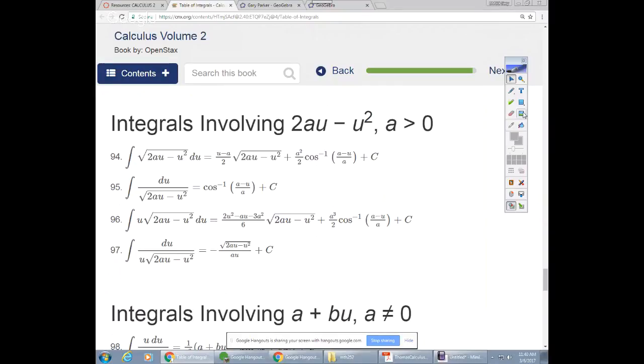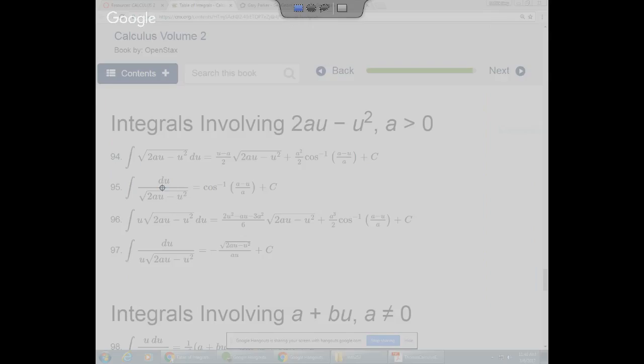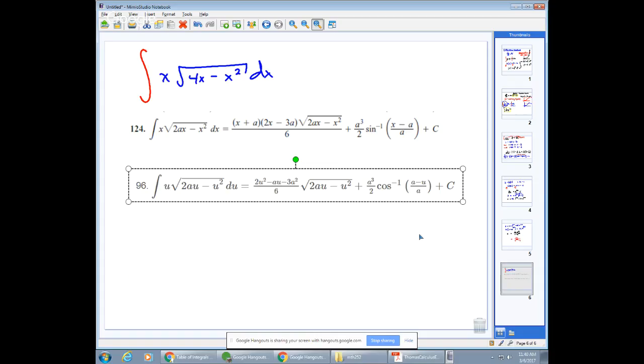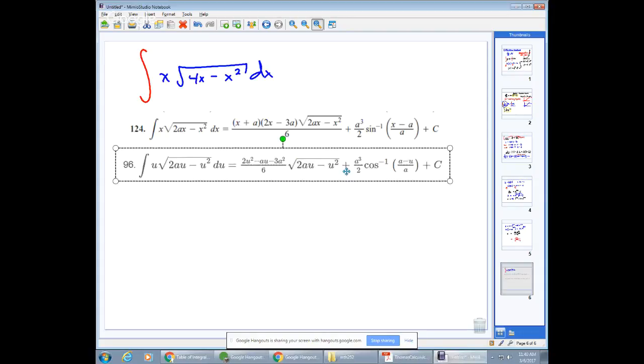Let's just grab that one for fun too. Yeah, notice they have the opposite in here. This is x minus a, this is a minus x essentially.